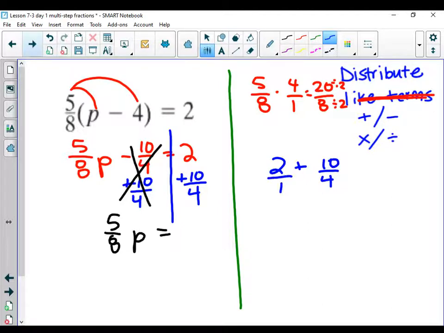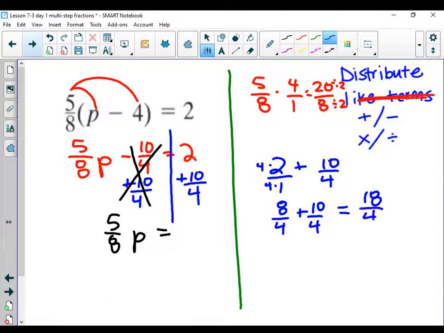Good news, it's coming back to us. We need something special for adding. Maddie? Common denominators. It is hard. 8 plus 10, 18.